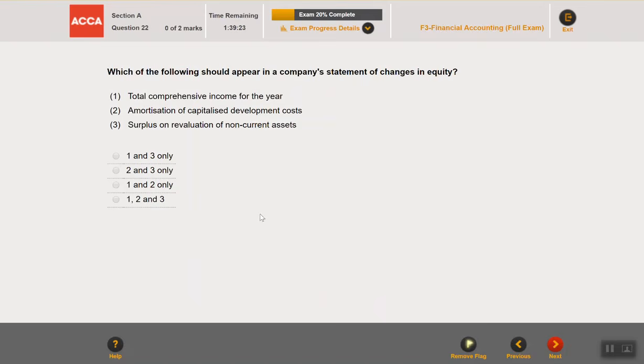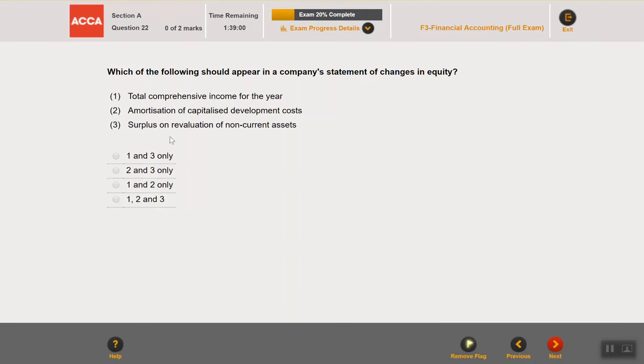Which of the following should appear in company statement of changes in equity? Total comprehensive income for the year, yes. So that means B is wrong. Amortization of capitalized development costs. Amortization is depreciation for intangible assets. Amortization goes to P&L.